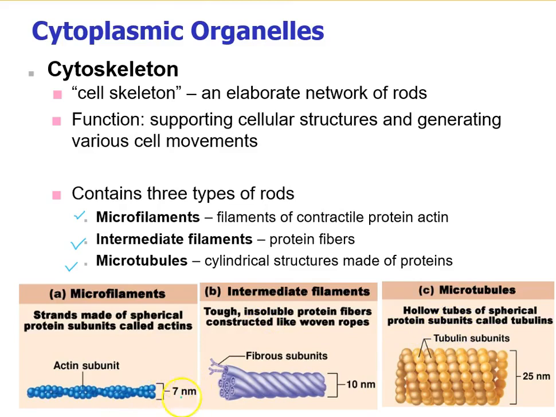The thinnest one, which is 7 nanometers in thickness, is the microfilament, and the thickest one, which is 25 nanometers in thickness, is called the microtubule, and in between we have the intermediate filament.